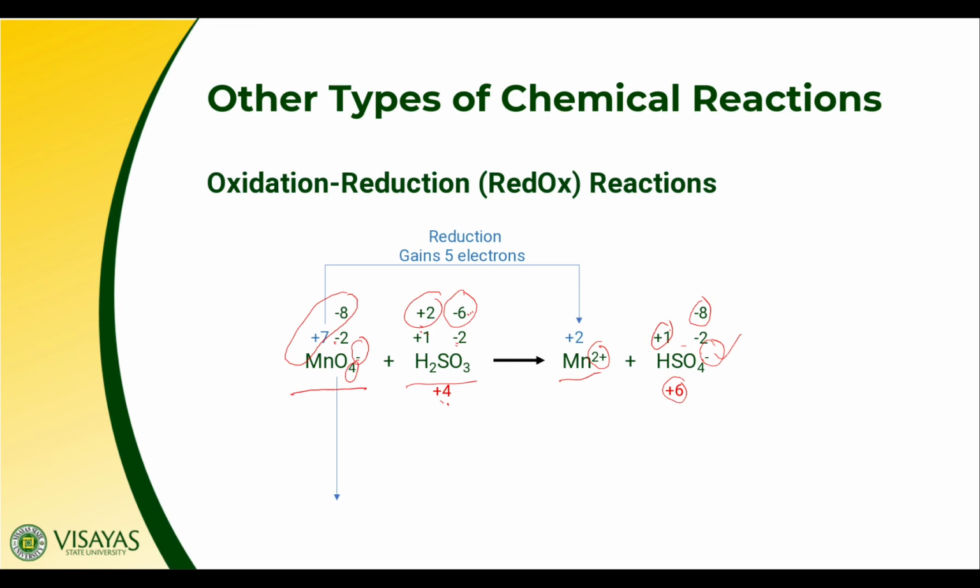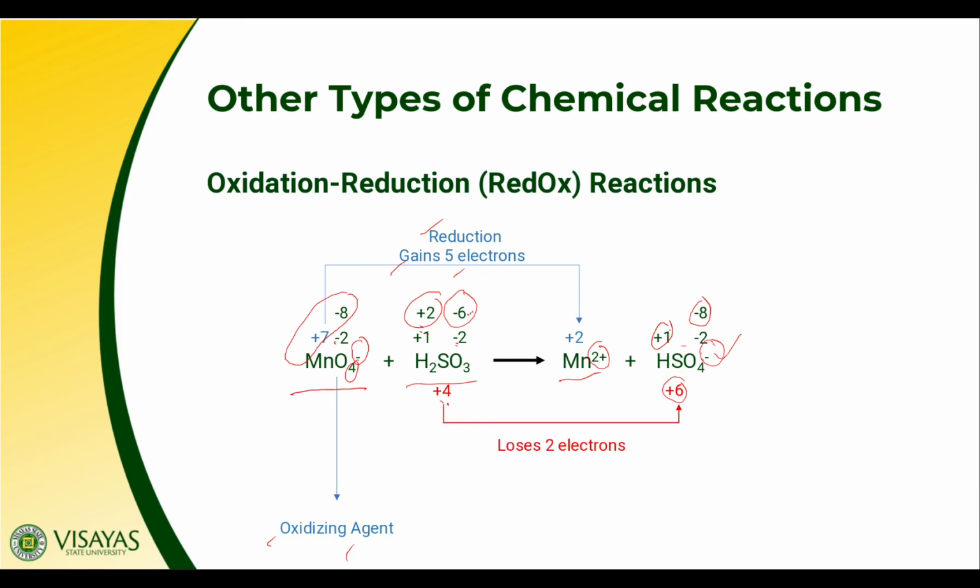And permanganate ion then is the oxidizing agent, okay? Gain of electrons, so GEROA: gain of electrons, reduction, oxidizing agent. Sulfur, on the other hand, look at the oxidation of sulfur, it has increased.